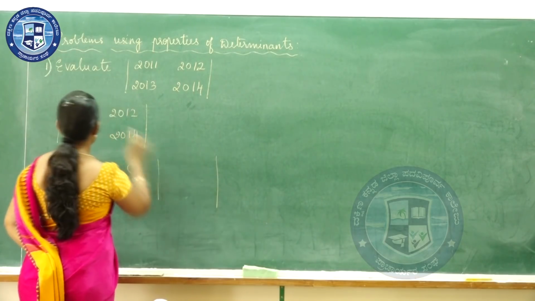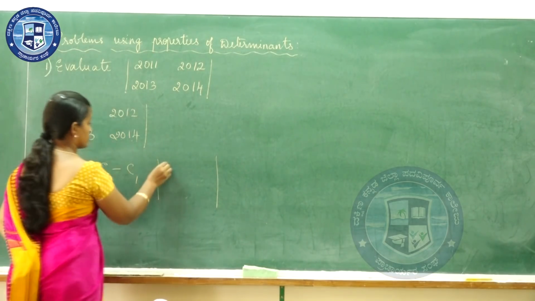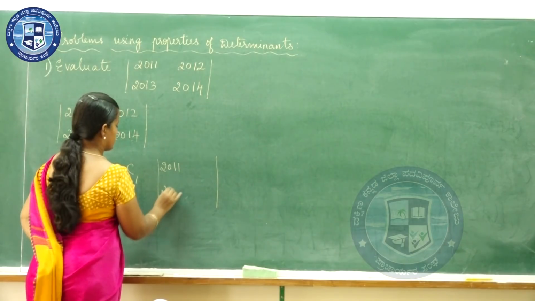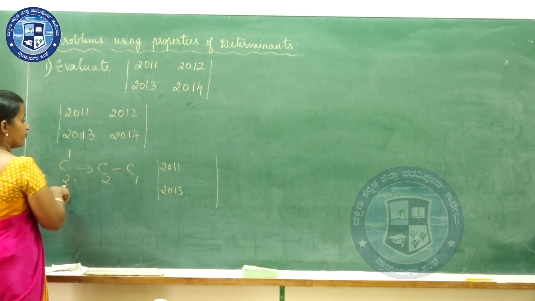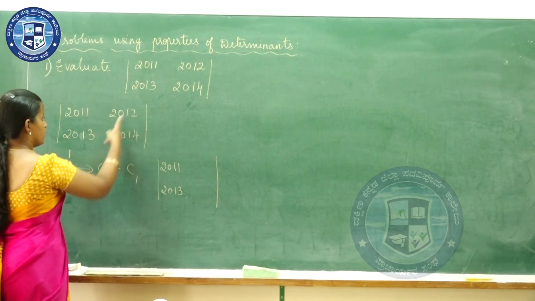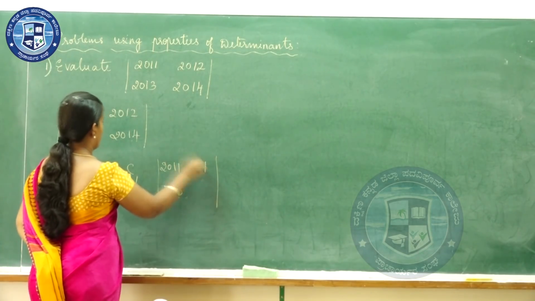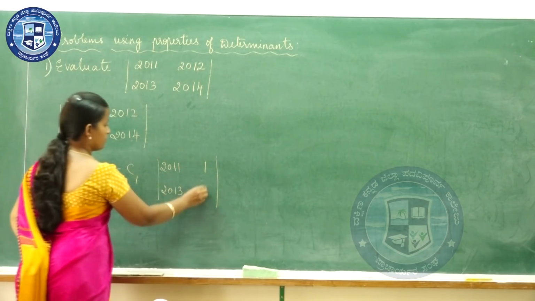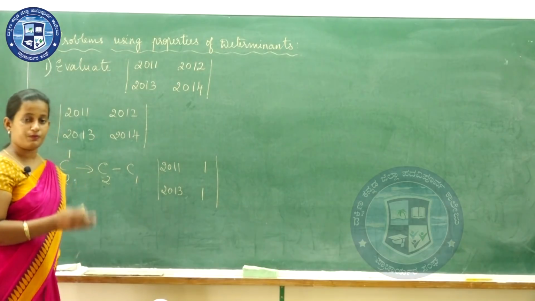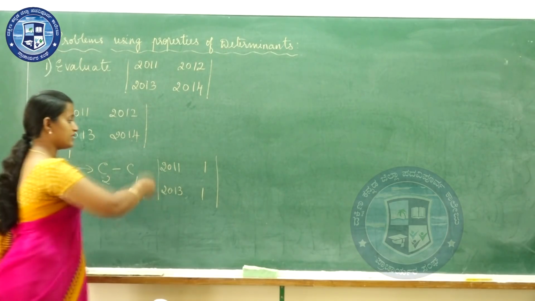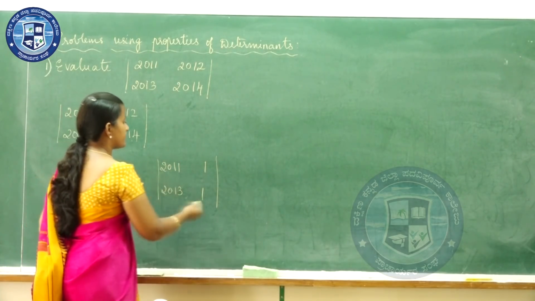So, what will happen? Column 1 I am not touching. 2011, 2013 as it is. Column 2 I am replacing with column 2 minus column 1. So, 12 minus 11, 1. 14 minus 13, 1. There is nothing to take out common. Previously we had 2 common, but here there is nothing common. Simply expand the determinant.